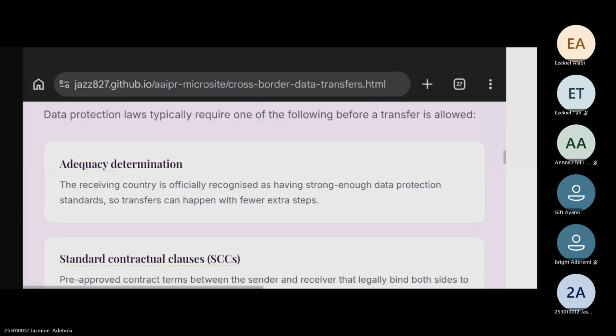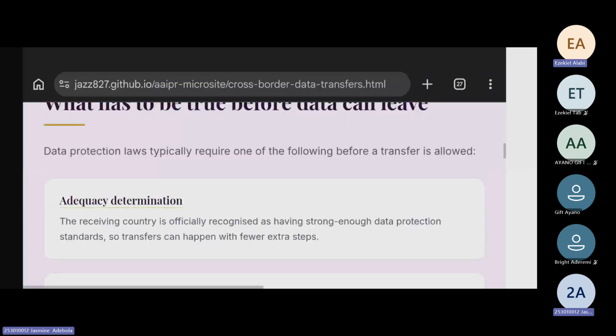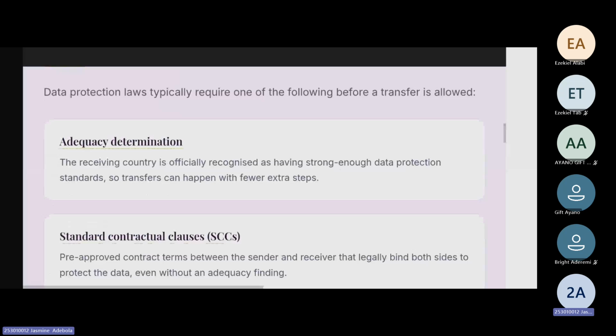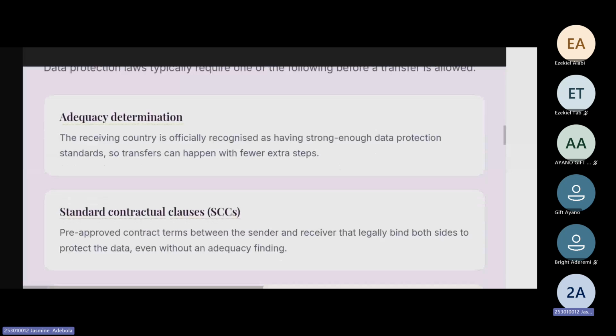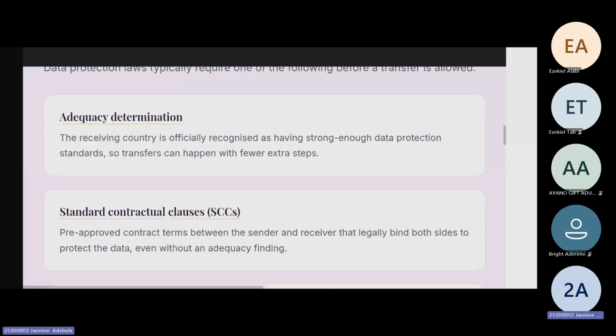These are the requirements for the transfer of data. Adequacy determination is when the receiving country is officially recognized as having strong enough data protection standards, so we can trust this country with our data. Standard contractual clauses are pre-approved contract terms between the sender and the receiver that legally bind both sides to protect data.